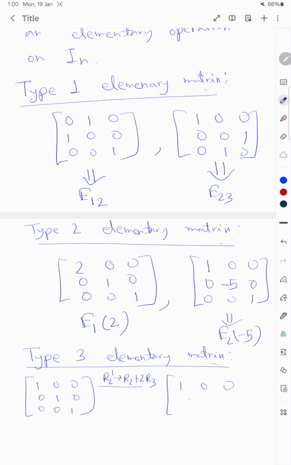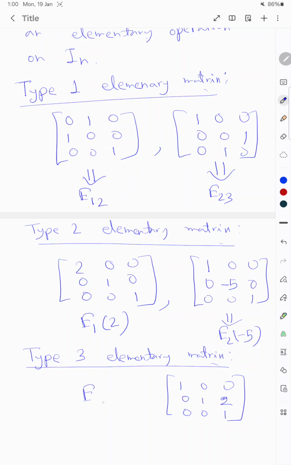So 1 0 0, 0 1 0, sorry, R2 will be changed, right? So it will be, I think, 0 1 2, 0 0 1, this type, right? Check this thing. Yeah, so this type of thing. Okay, so you will write this type of elementary operation.